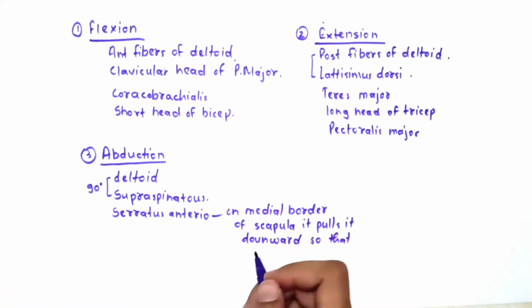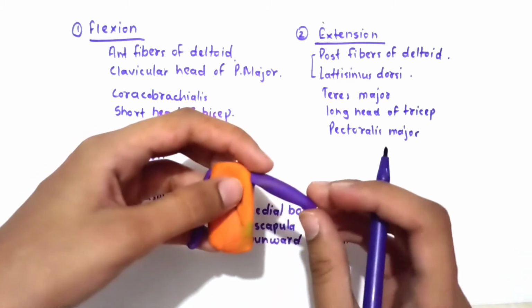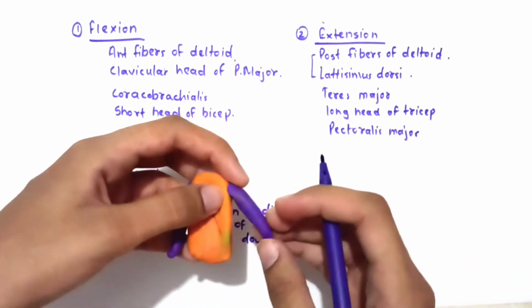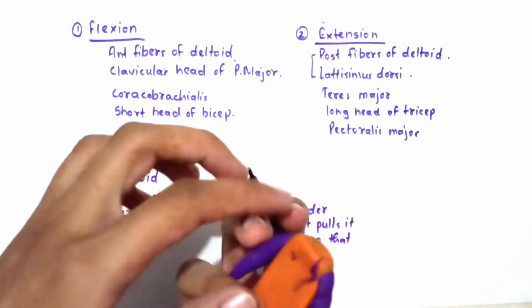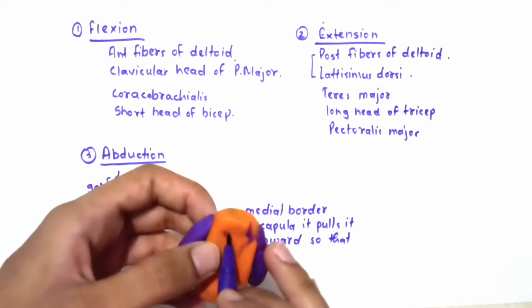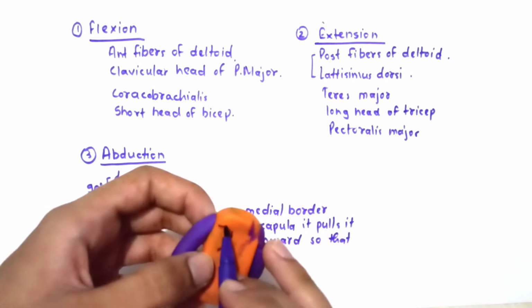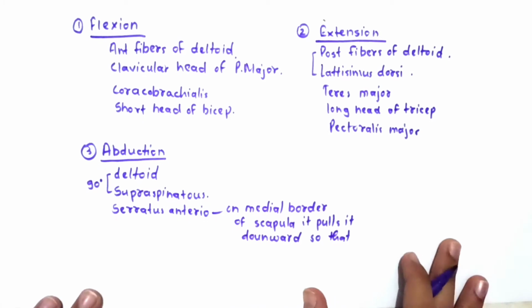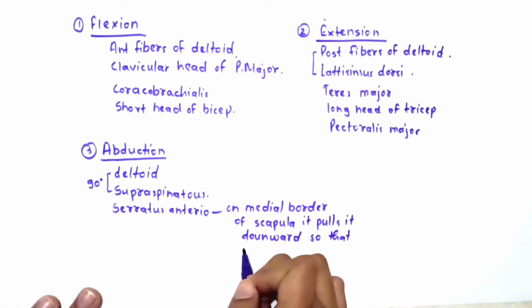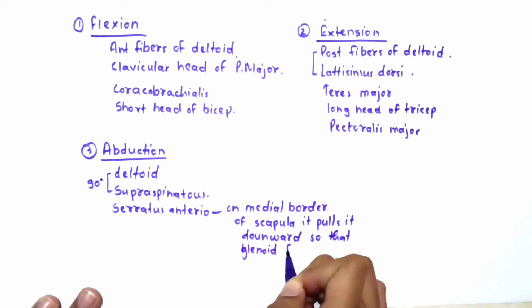Because if you move your arm like this above your head, there are chances of dislocation. So to prevent this, the serratus anterior will pull the medial border of your scapula downward, so that your glenoid cavity will face upward to support the head of humerus.